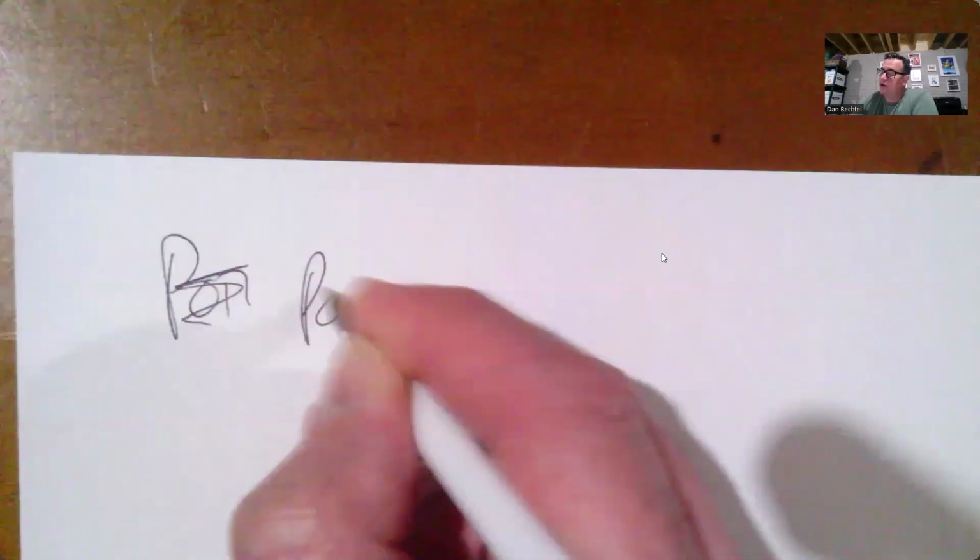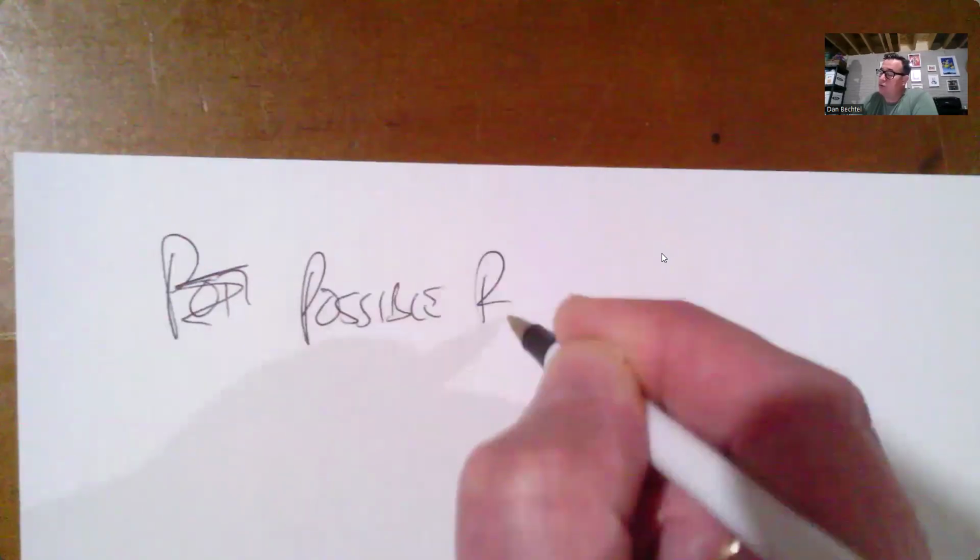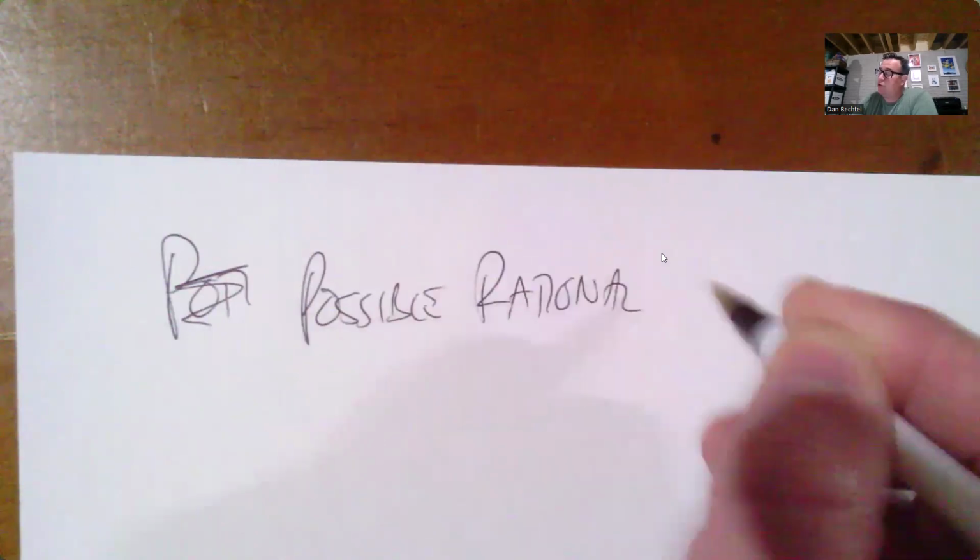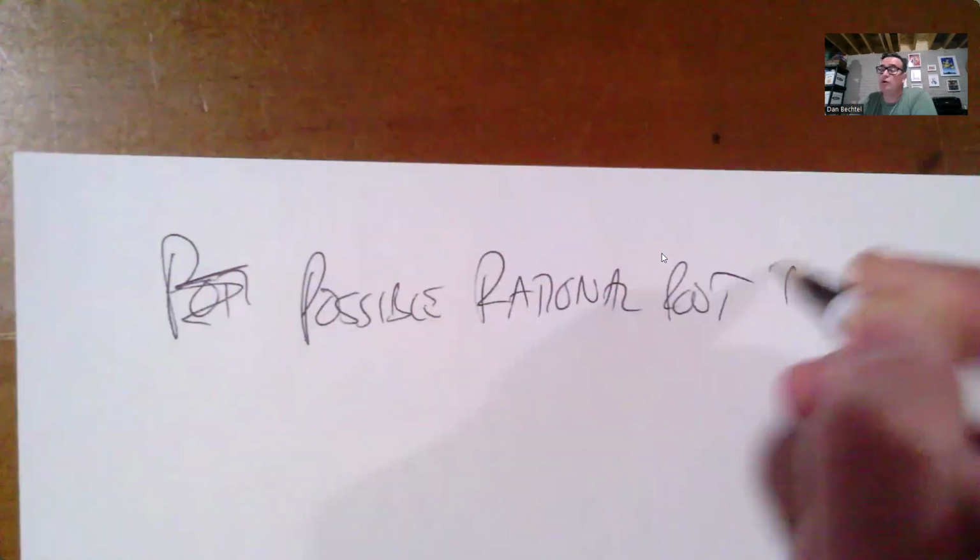Now, the last thing that I want us to be able to do is that sometimes what they'll do is just give you an actual equation, and then they'll ask you to find all the possible roots and start looking for them. If that's the case, this is called the possible rational root theorem. Let's write it down the right way. Possible rational root theorem.